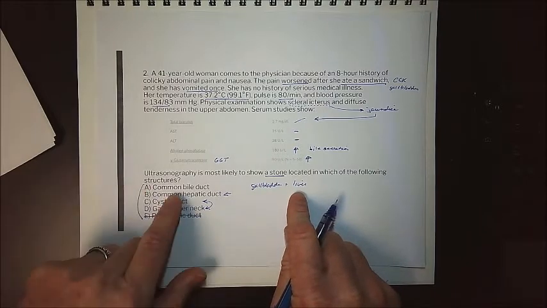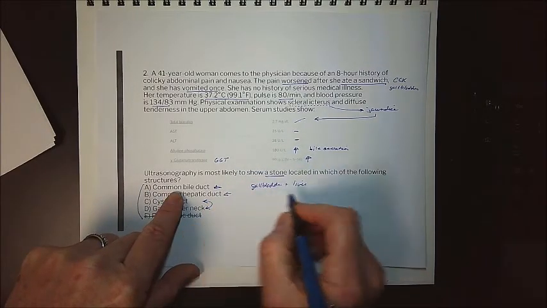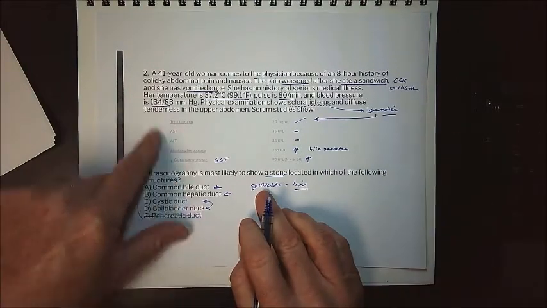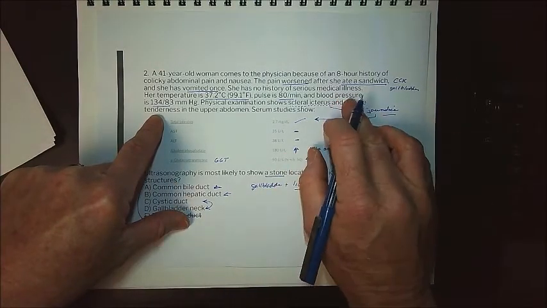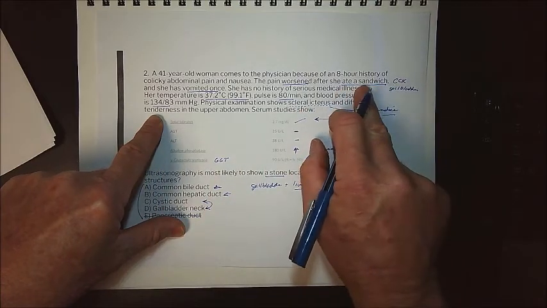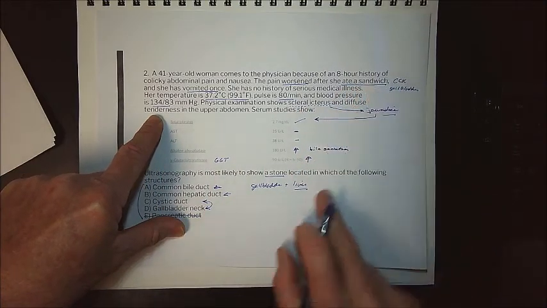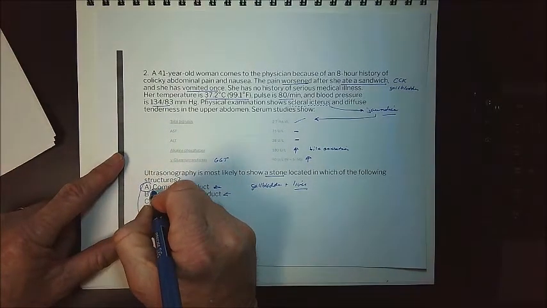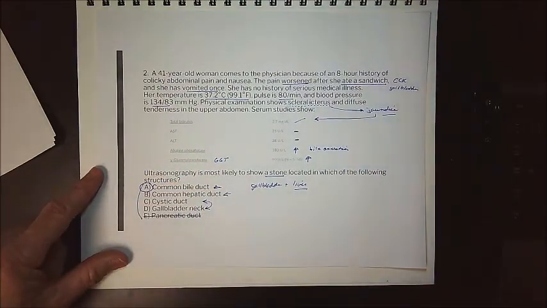Here we have a problem with a stone. We are going to have liver jaundice issues, and we are going to have tenderness in the upper abdomen upon eating because the CCK secretion is going to contract that gallbladder. So in this case, choice A would be correct.